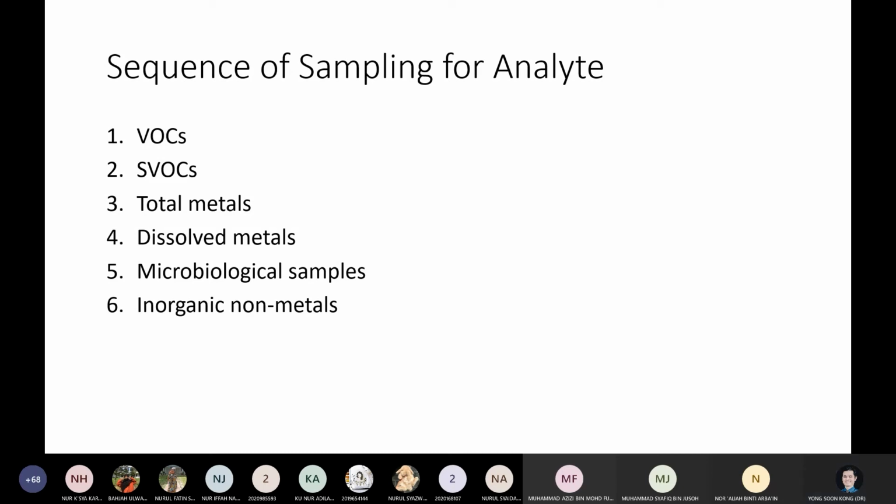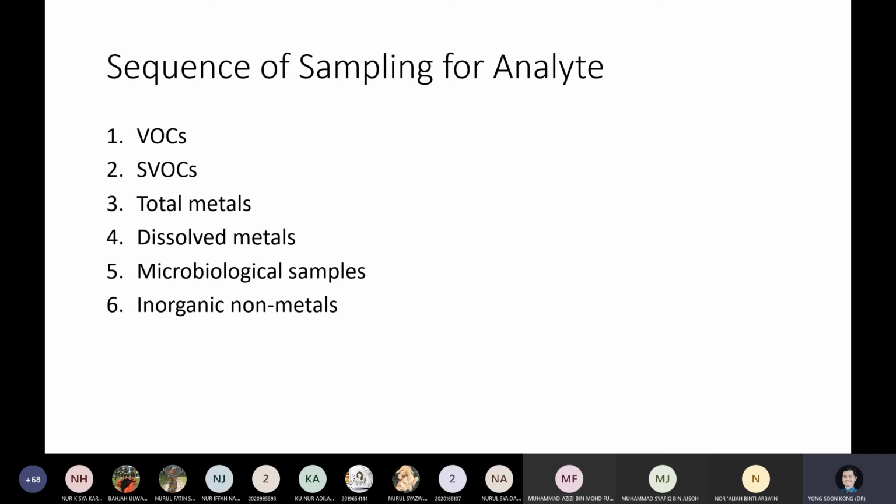Now, from number 3 onwards to number 6, these are the ones that are more stabilized. Most likely they won't volatilize, but they might be dissolved according to certain conditions. Or if they don't dissolve, they just exist as an inorganic solid phase. So they're either soluble or they're not.